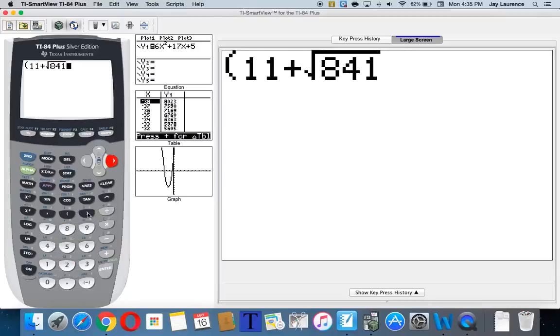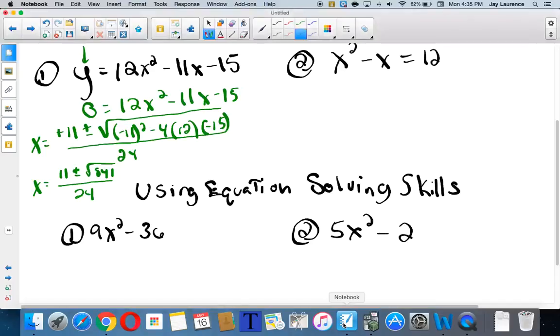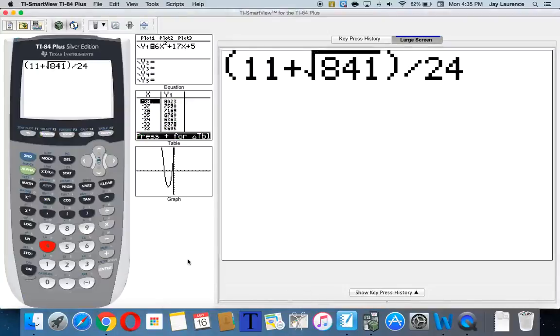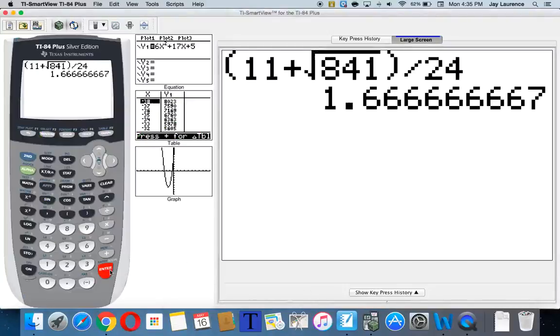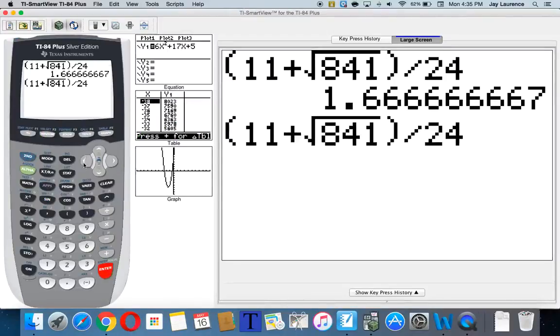I'm going to put that in parentheses and then divide it by 24. 2a, 24? Let me just double check, because if I have that wrong, I'm going to get the wrong answer. Yes, it is 24. And so I hit enter, and there's one of my answers. Exactly 1 2/3. To get the other answer, I'm going to just go over here and make that plus a minus.